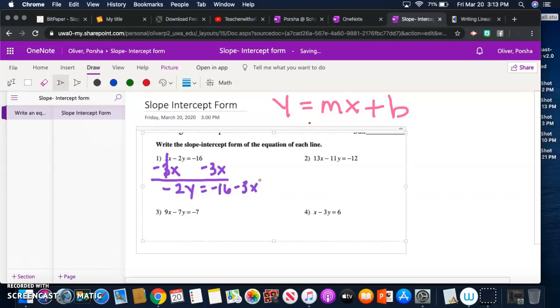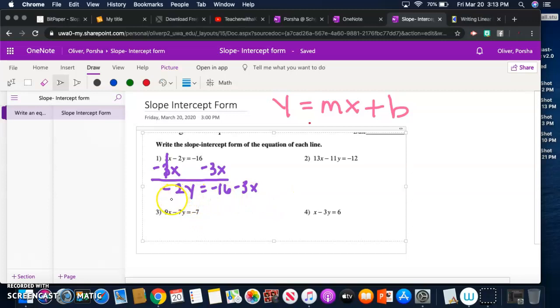Alright, so here you know that negative 2y equals negative 16 minus 3x. You know that you cannot subtract 3x from a negative 16 simply because they are not like terms. So since they are not like terms, we need to move on to the next step.